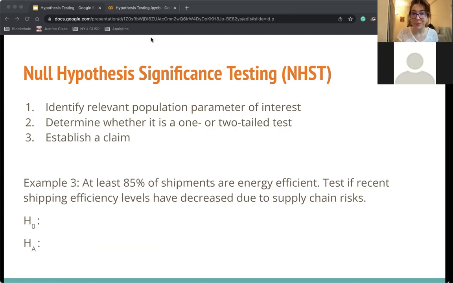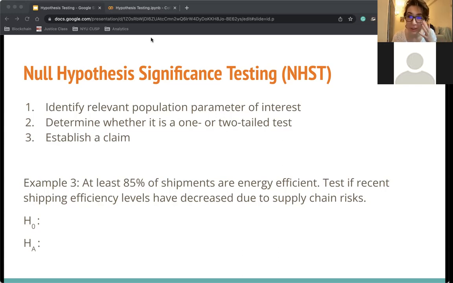So let's go through one more example, because these are just covering the 3 bases of when it's 2-tailed, which was that first one with the mean, the last one was 1-tailed, and now let's do the other side of the tail. For this example, let's say you are testing the population proportion, where we want to say at least 85% of shipments are energy efficient.